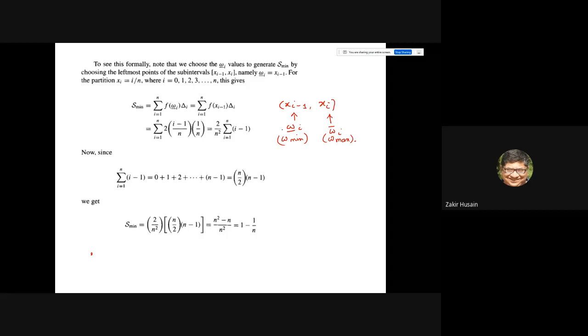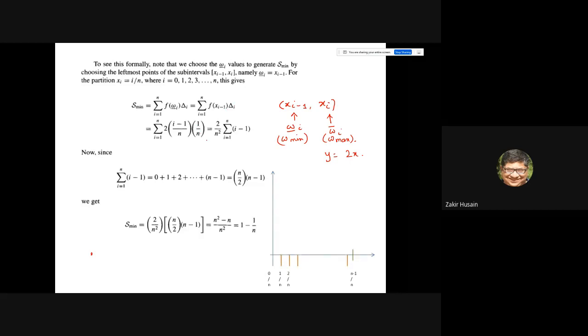Now our functional value was 2x. So if we take x i minus 1, it will be simply 2 into (i minus 1) by n. And the length of the subinterval is 1 by n.